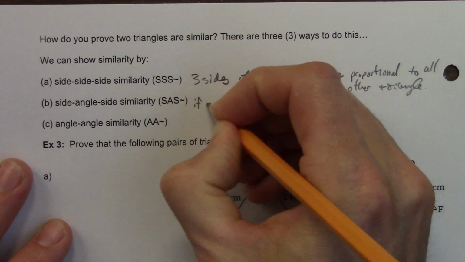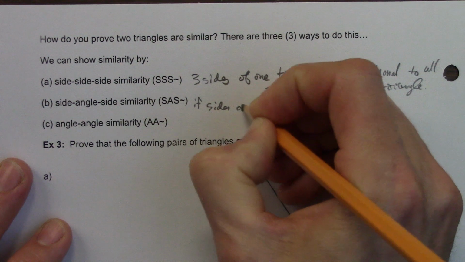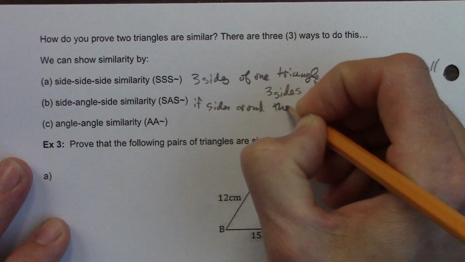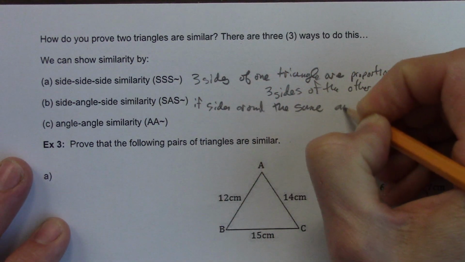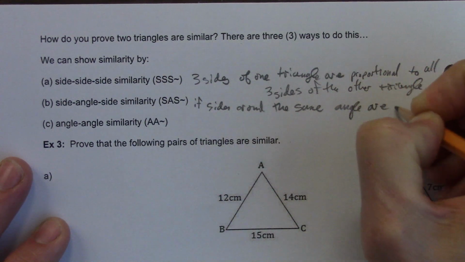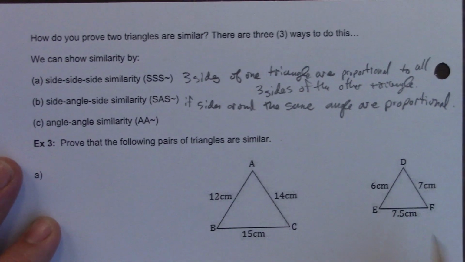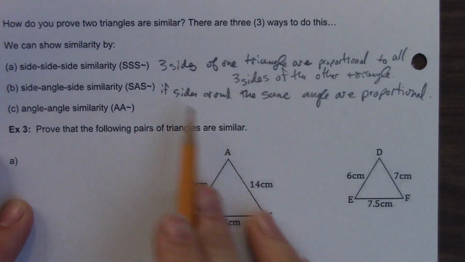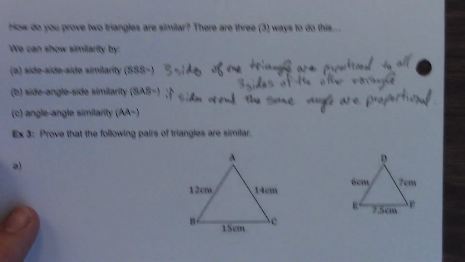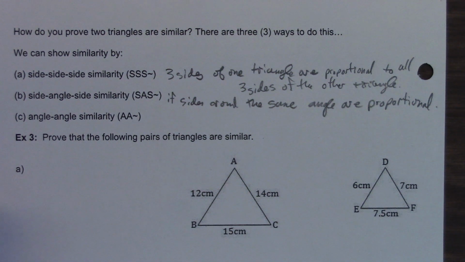So if sides around the same angle are proportional. And I'm going to show you examples of this, okay? But basically, if we know one of the angles is the same, we don't have to check all three proportions. We only have to check the two around that angle. I'm going to show you examples of this.